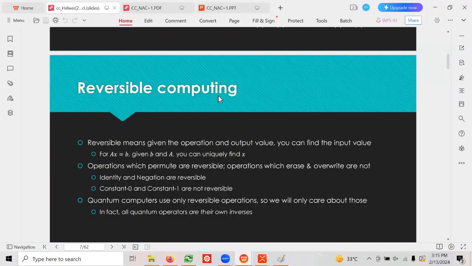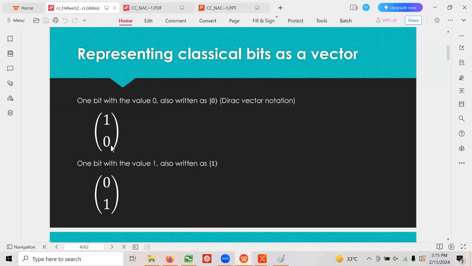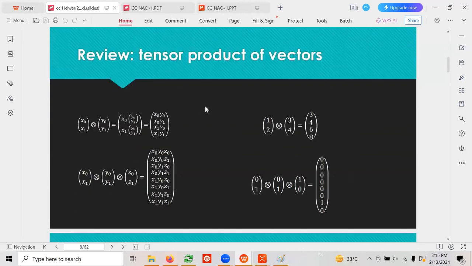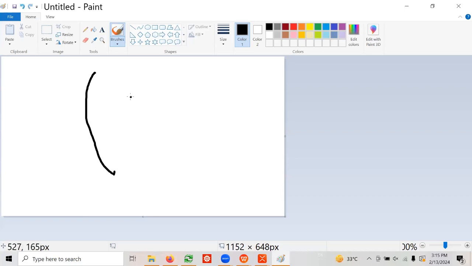So a traditional bit is 0, 1, or 1, 0. When you have 2 bits together, you get something like that. When you have 3 bits together, you get something like this. So this is a traditional 3-bit. Likewise, a quantum bit or qubit is going to look like this.